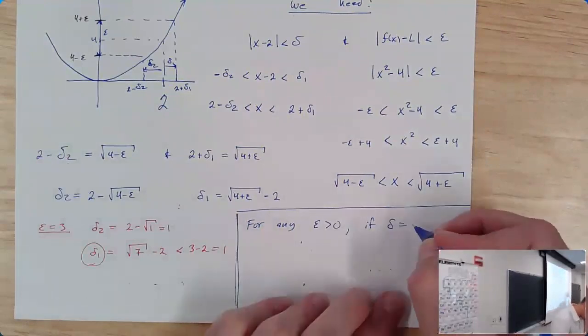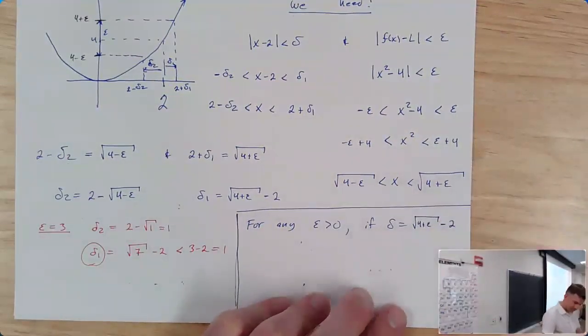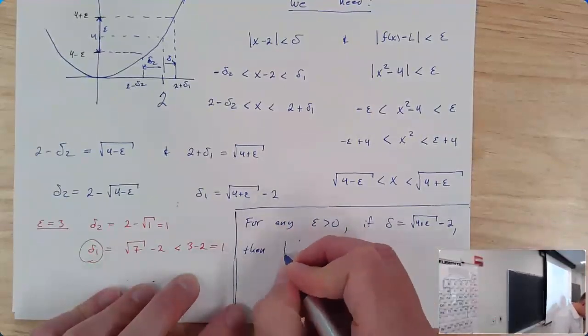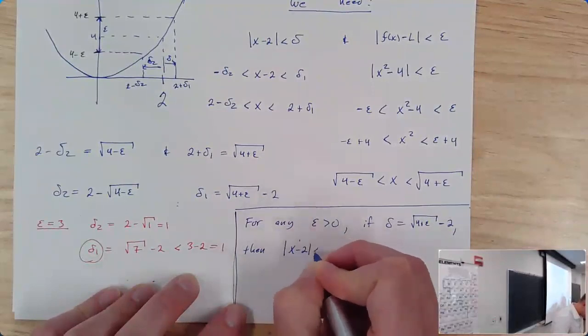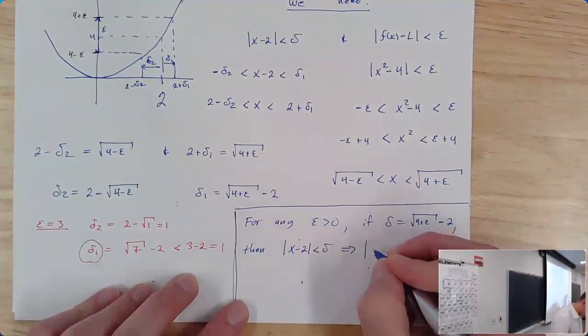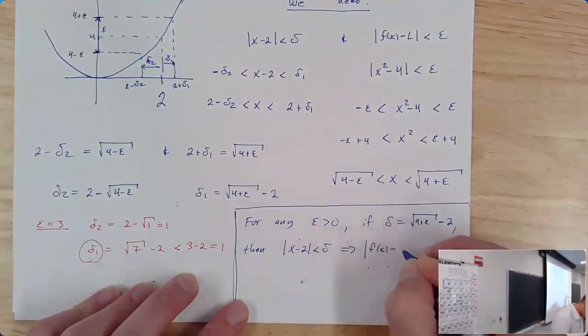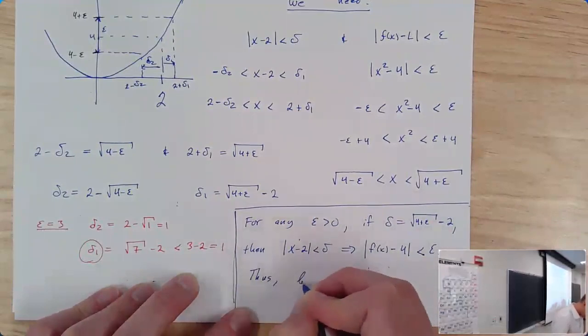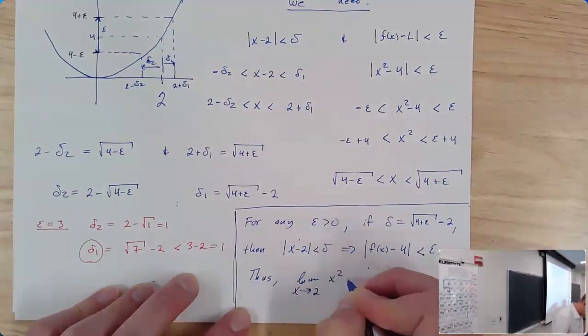So if delta is equal to the square root of 4 plus epsilon minus 2, then we can say that the absolute value of x minus 2 less than delta is going to lead to the absolute value of our function minus its limit, which is 4, being less than epsilon. Thus, the limit as x approaches 2 of our function is equal.